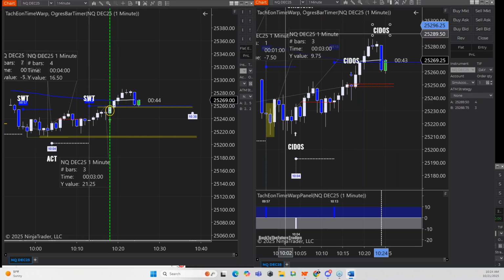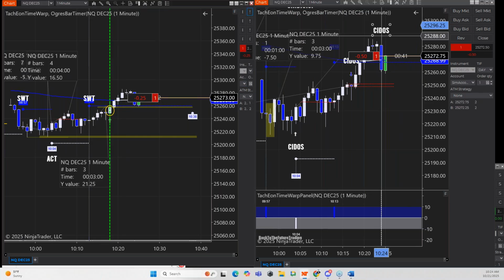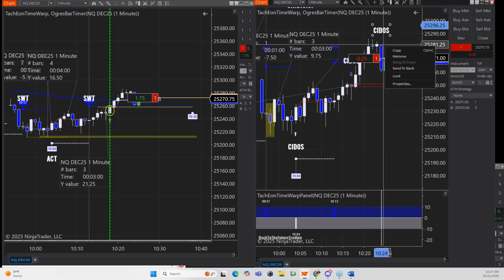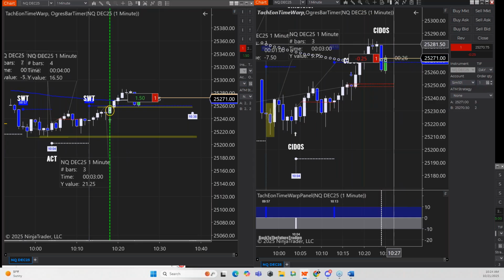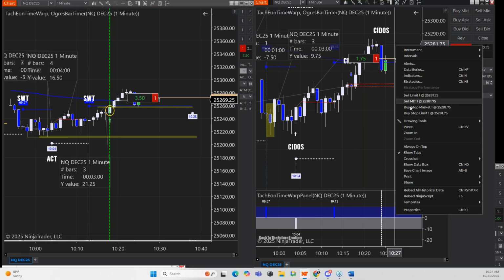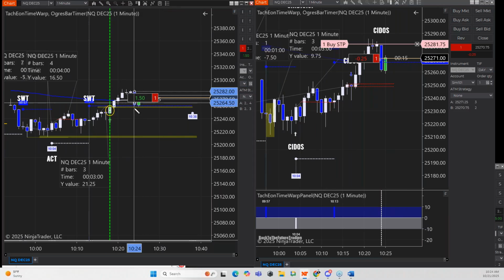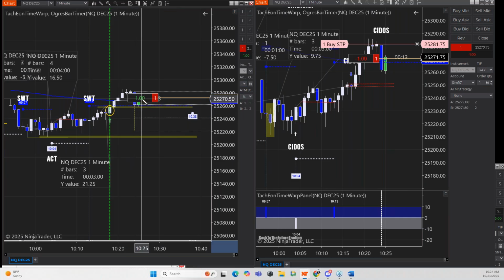Okay, you have your close in the direction over here. On this guy, we have a close in the direction of the signal. Your stop is going to go 2 ticks above the candle. Right there for your CDOS. On this guy, this is a crossover trade, so a 2-to-1 RR.